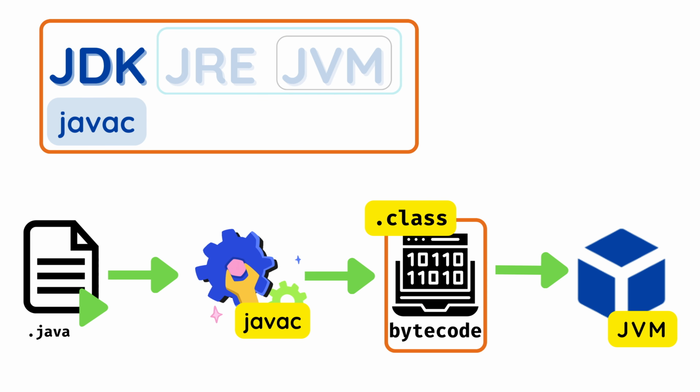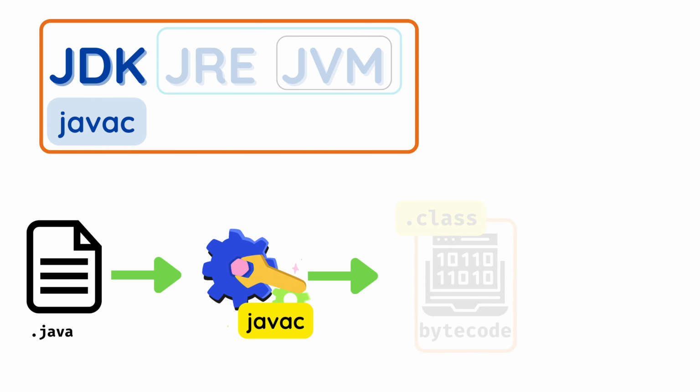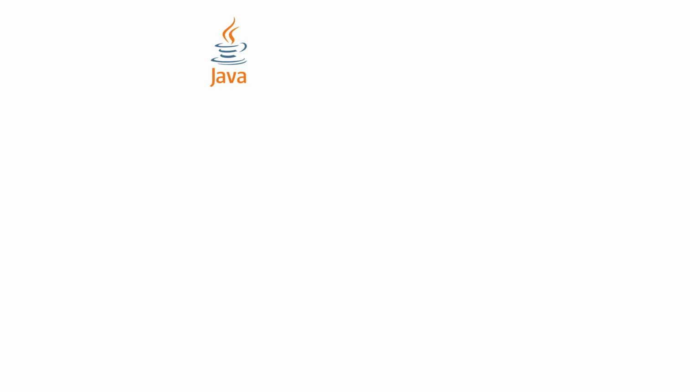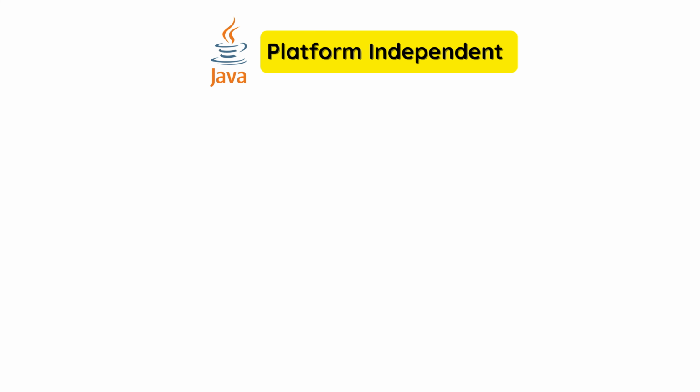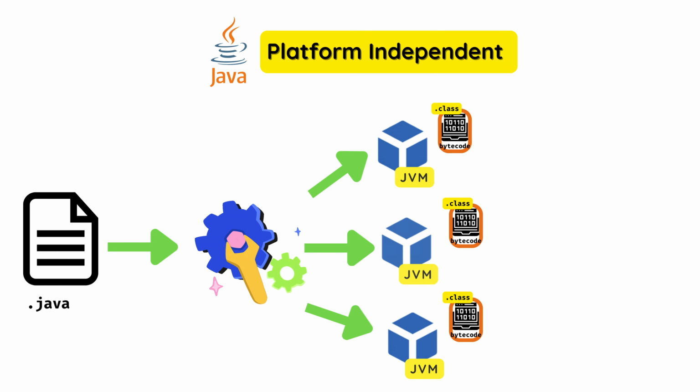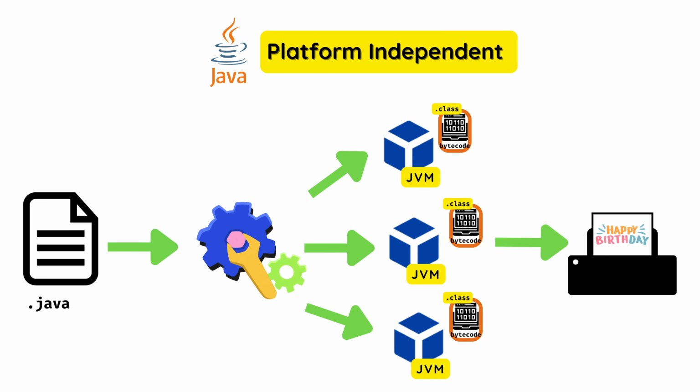When you run your Java program, the JVM takes the bytecode from the .class file and executes it. This is what makes Java platform independent. A class file compiled on one platform can be executed on a JVM of another platform like Windows, Linux, or macOS.